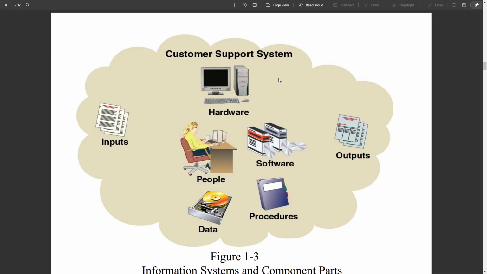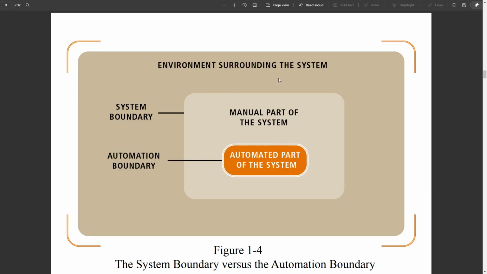So again, these are just the components of the information system, yung nasabi natin kanina. So okay, so yun na yung sabi ko kanina. Okay? So automating the system does not solve the whole system.